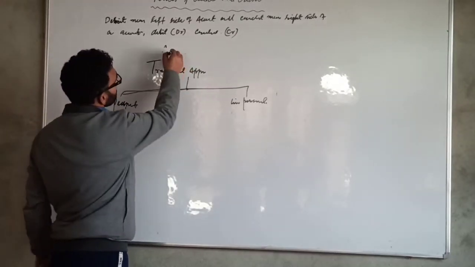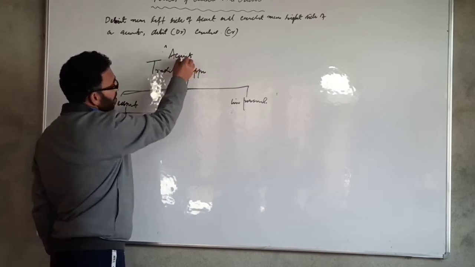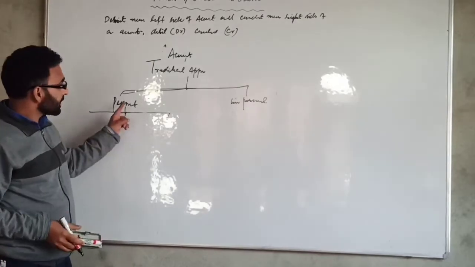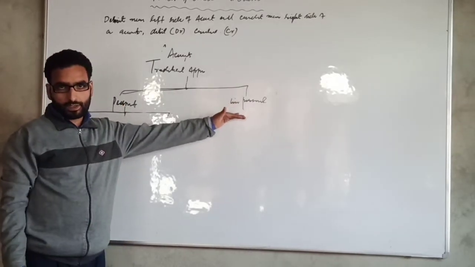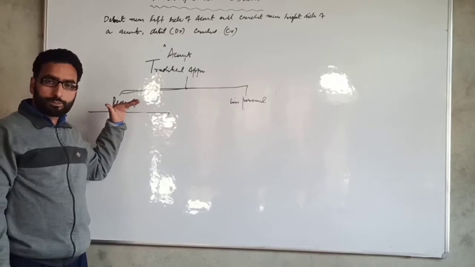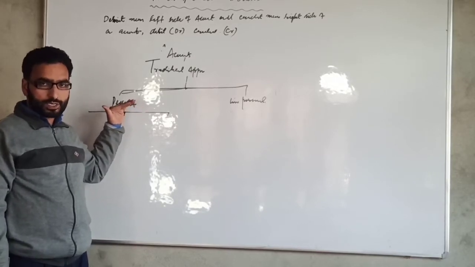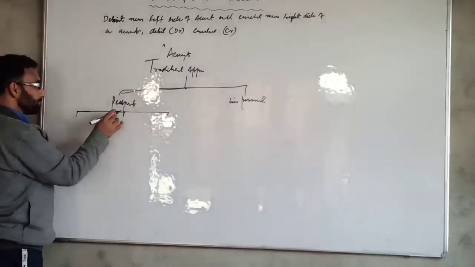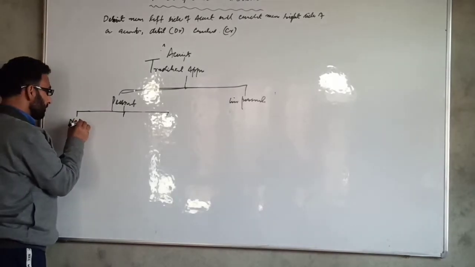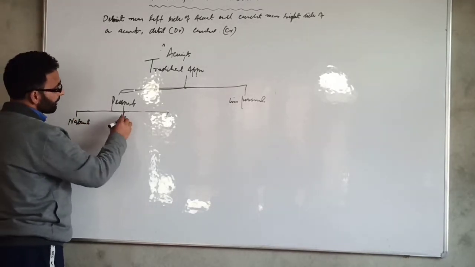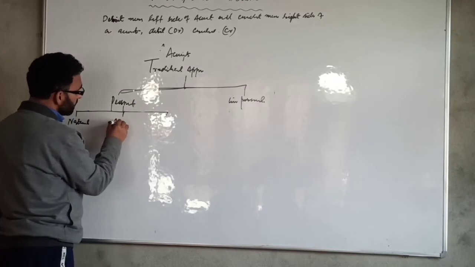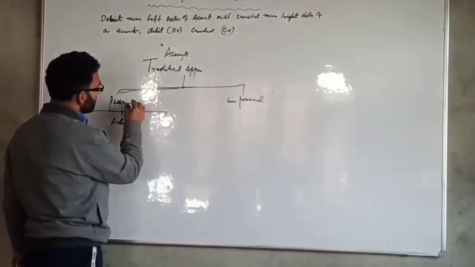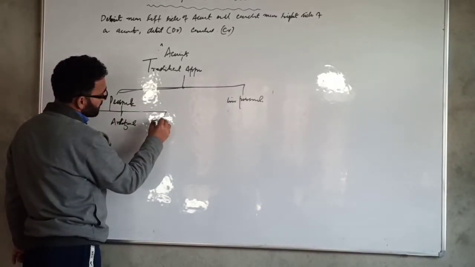All the accounts are divided on these two bases. The personal accounts are of three types: number one, natural person, second, artificial person, and third, representative.